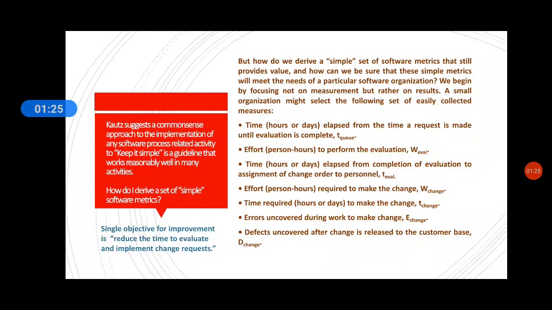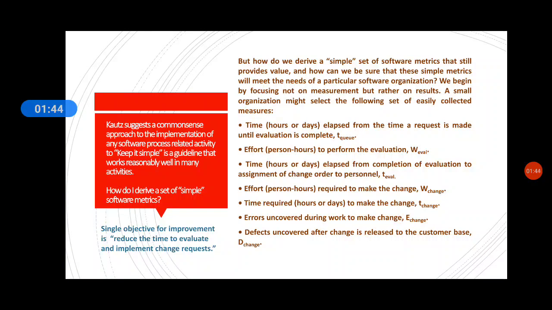We begin by focusing not on measurement but on results. A small organization might select the following set of measures, which can be collected easily.